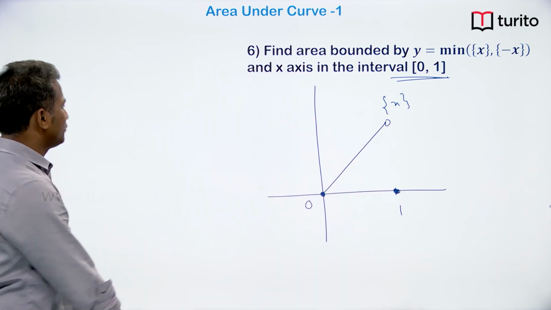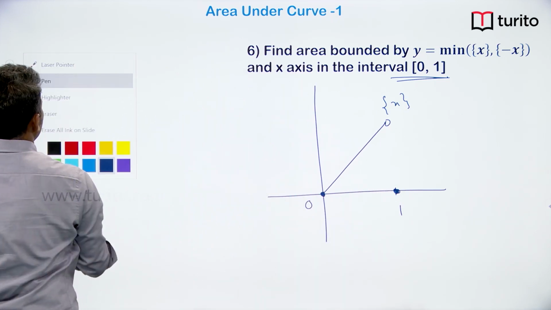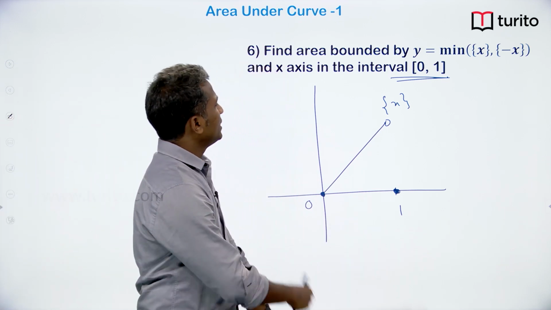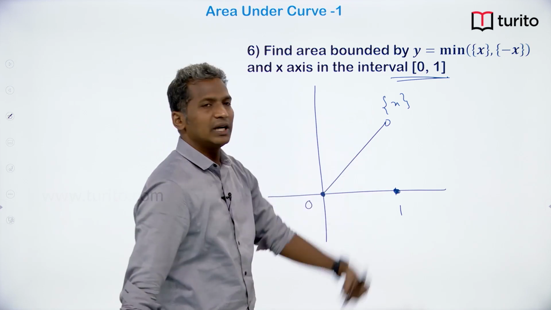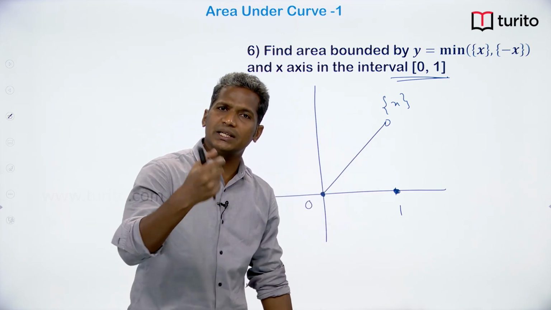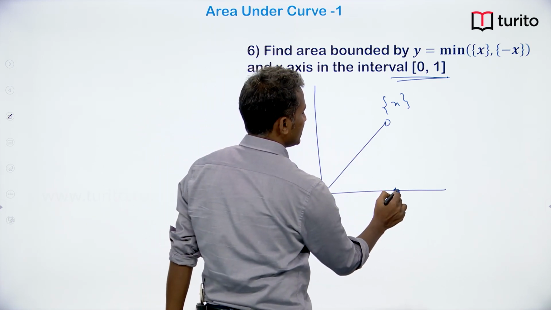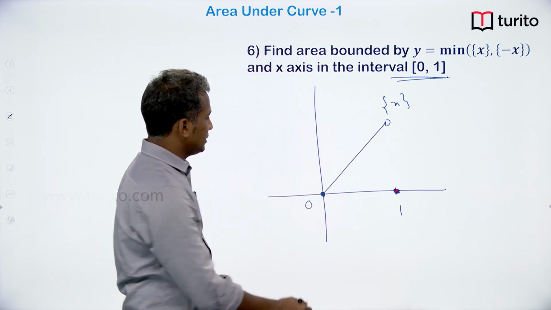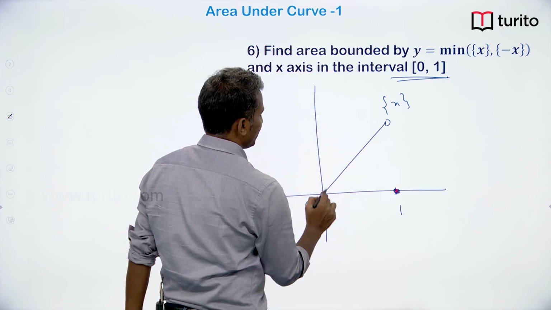What about bracket of minus x? That also can be drawn by substituting values. If I put 1, what will it give us? Bracket of minus 1 is 0 only. So the point is here. If we put 0, the output is 0 only. So the point is here.